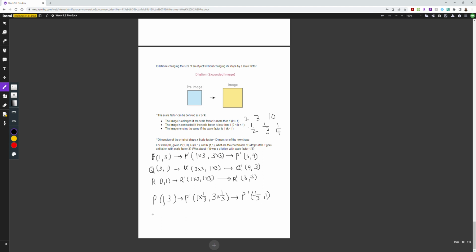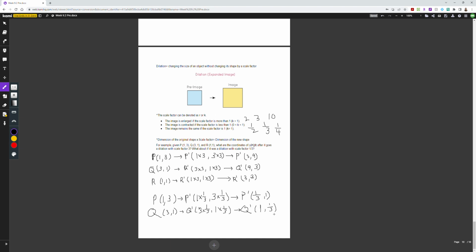Alright. Same thing for Q. We're going to multiply everything by 1/3. So that's going to give us 1 and 1/3.